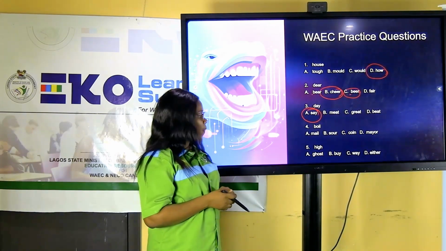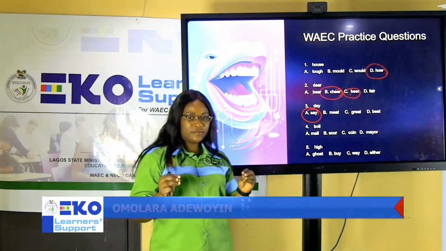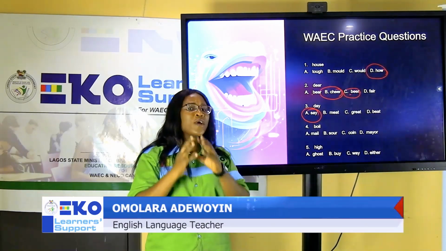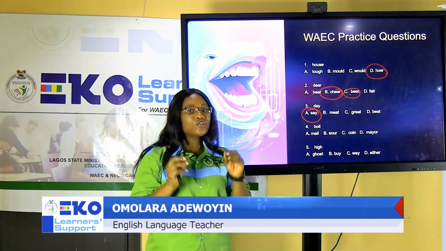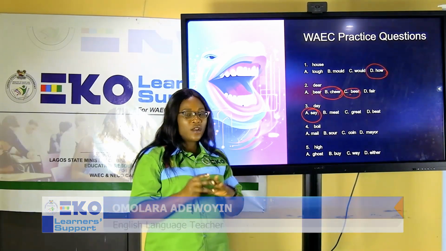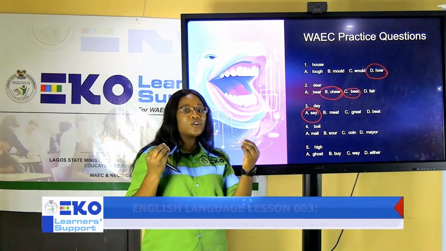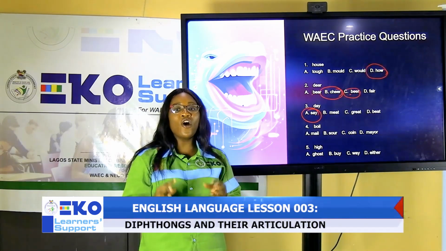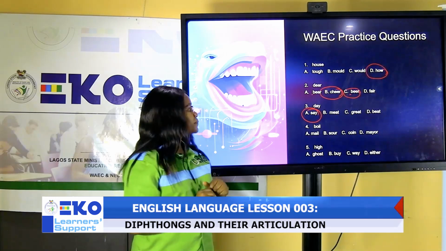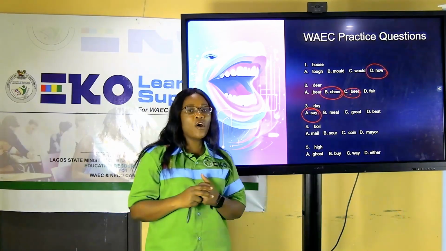Number 4, we have boil. Remember, always read instructions at the beginning of every section so you know what to look out for. When you are working with vowels, listen for the vowel sounds before you select your answer. Good. So we have oil.